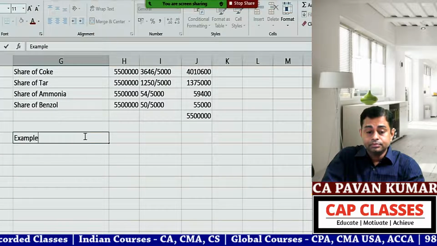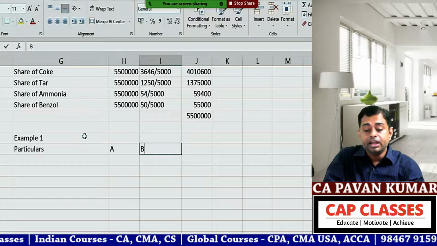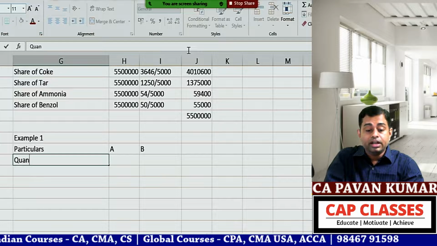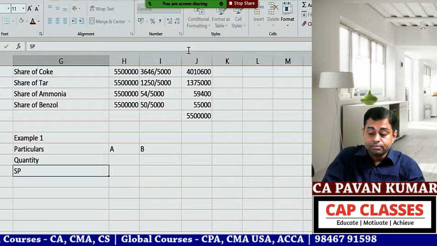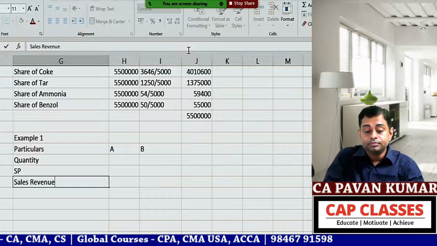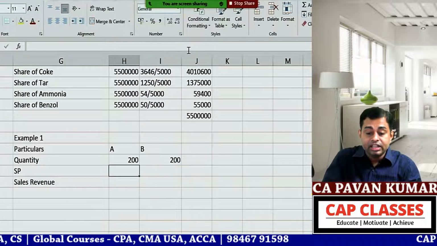Example 1, particulars A, B. In that we write quantity, selling price, sales revenue. What is the quantity of A? They said 200. What is the quantity of B? They said 200.